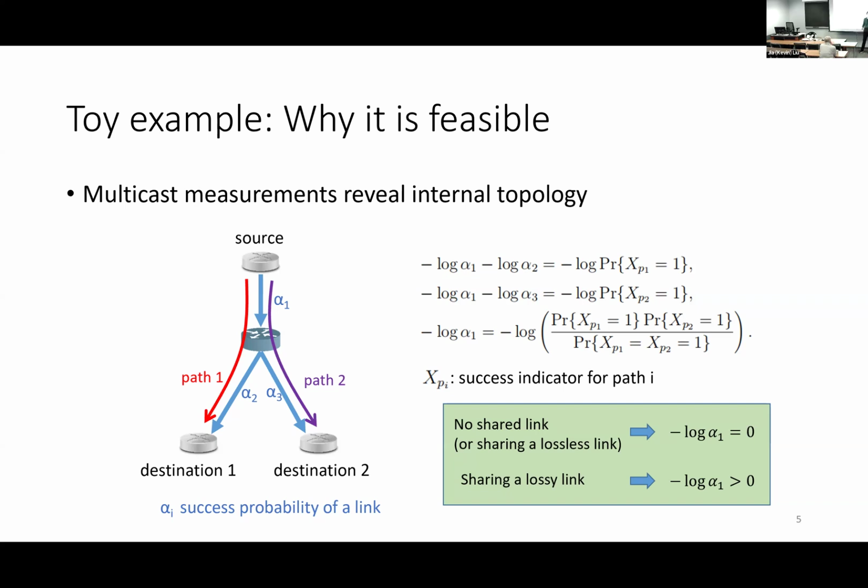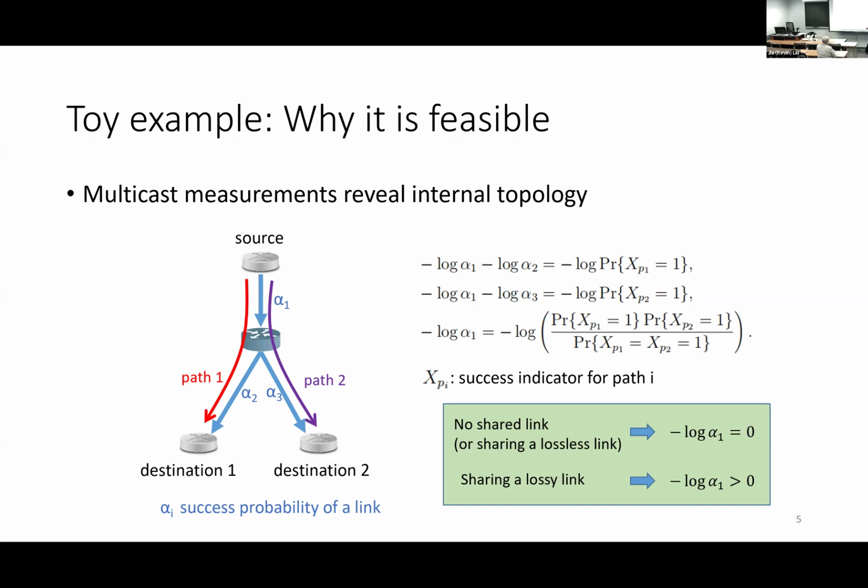In addition, because it's a multicast probe, I can look at the joint success probability on both paths: what fraction of probes are successfully received at both destination 1 and destination 2? That probability is equal to the product of alpha 1, alpha 2, and alpha 3.